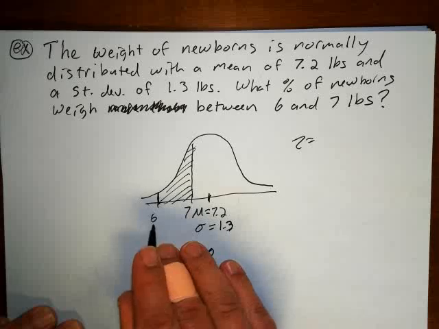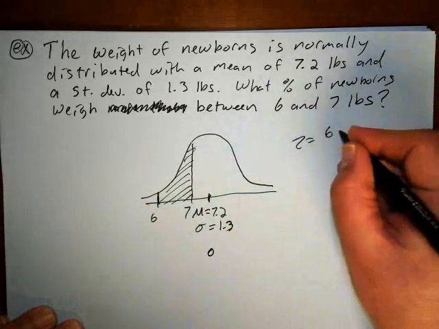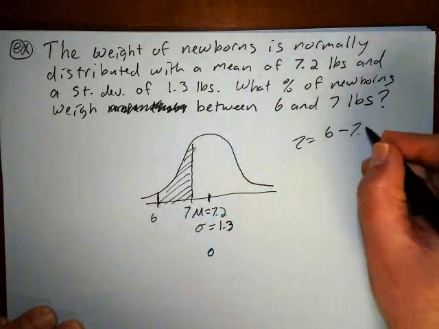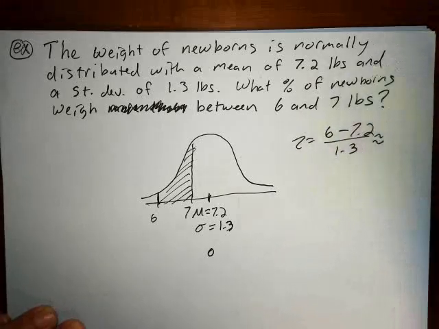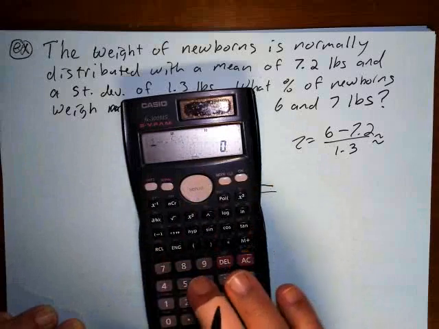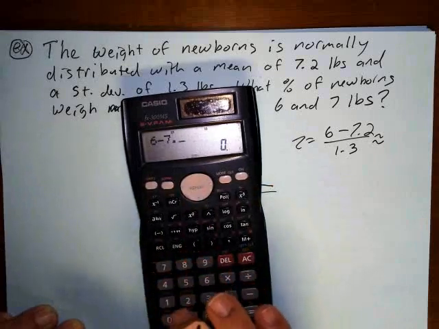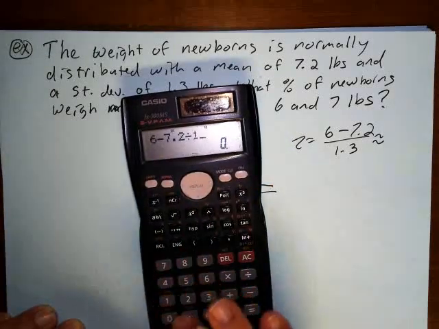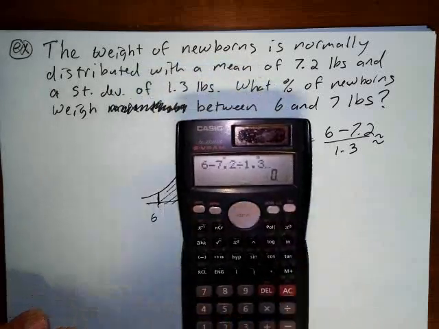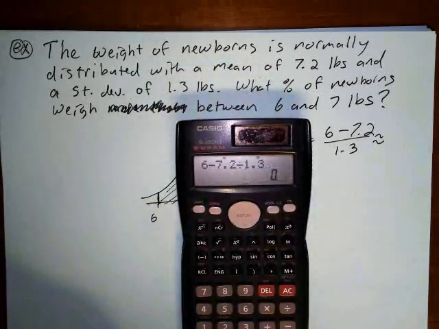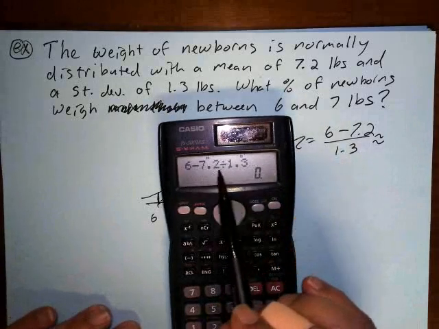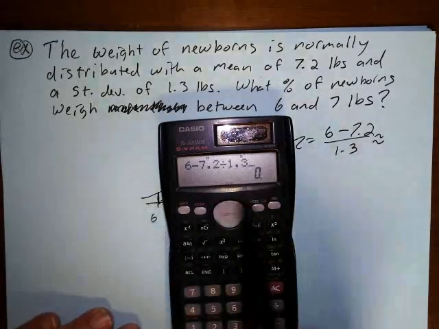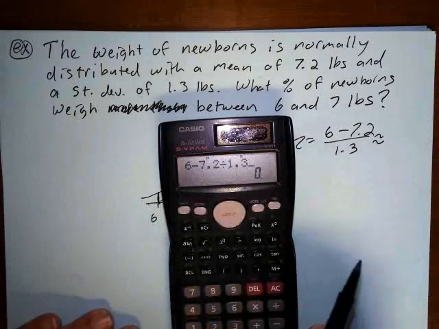So what I got to do is find the z-score for each one of them. The first one, I find the z-score for 6 by taking 6 minus the mean, 7.2, divided by 1.3. So 6 minus 7.2 divided by 1.3. Am I going to get the right answer when I hit equals? I'm not, because it's going to divide first and then subtract, but what I really want it to do is subtract first and then divide.